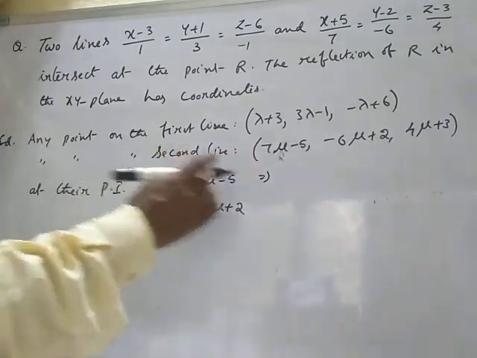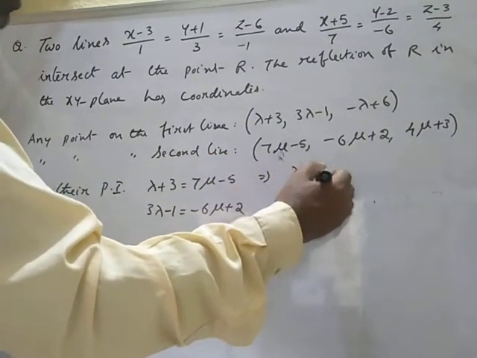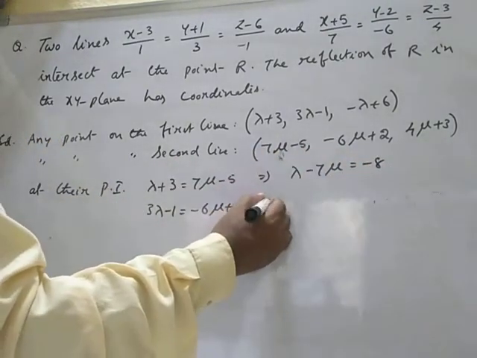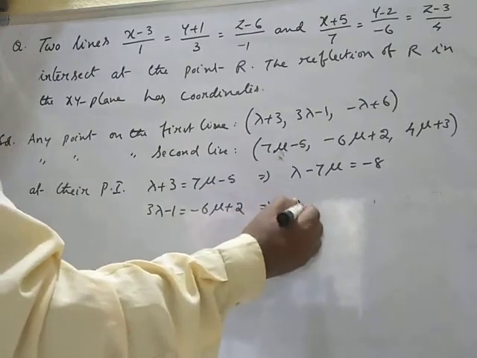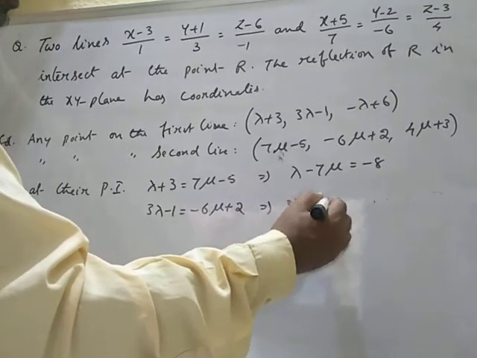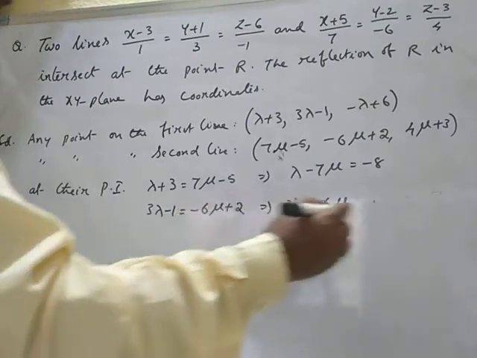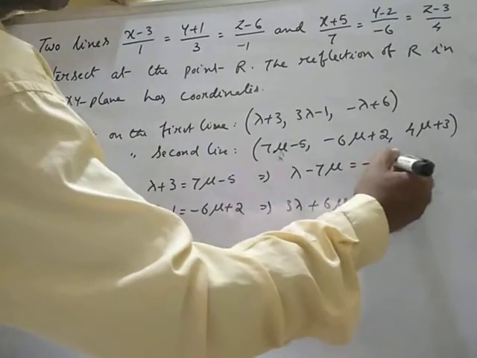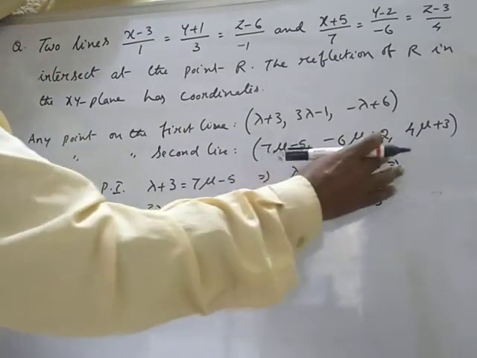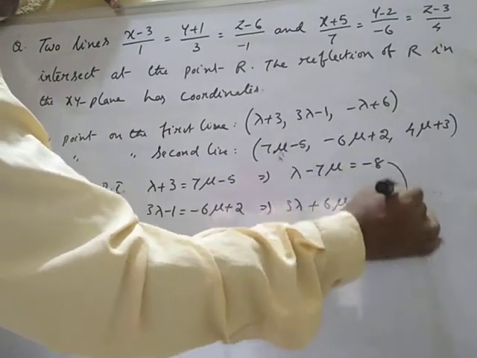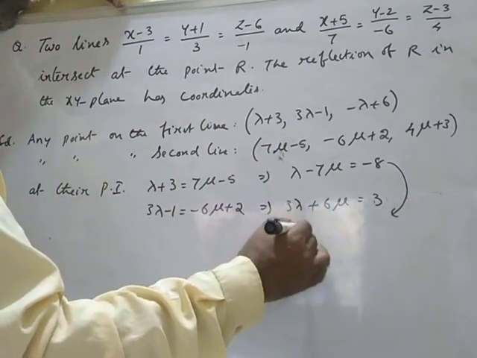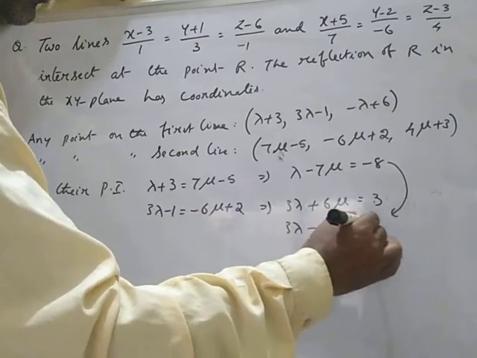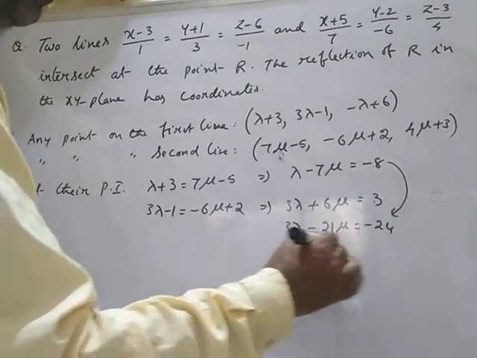That implies lambda minus 7 mu is equal to minus 8. This implies 3 lambda plus 6 mu is equal to 3. Multiplying the first by 3, we get 3 lambda minus 21 mu is equal to minus 24.